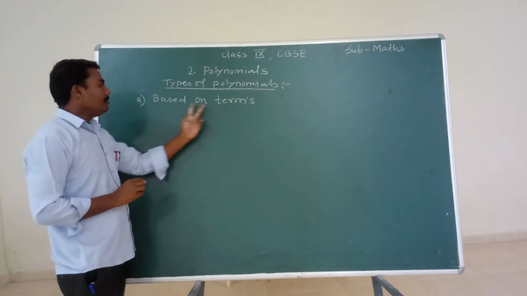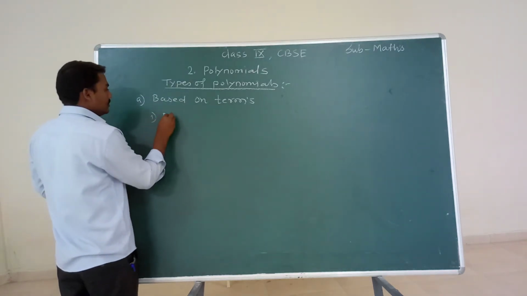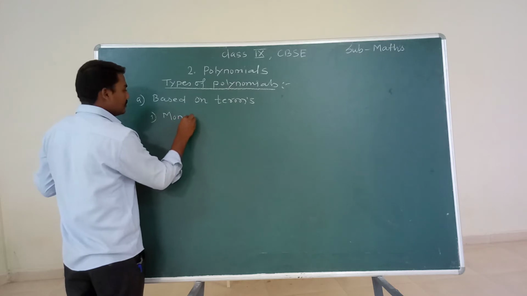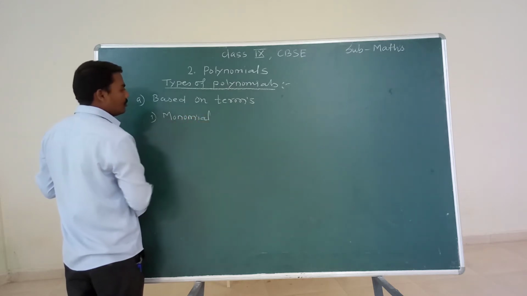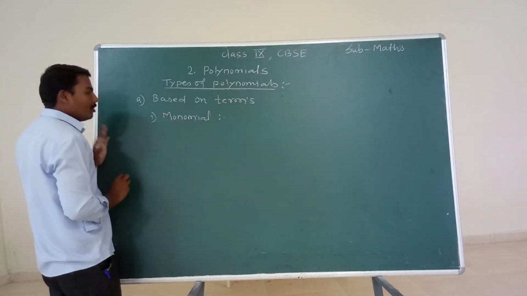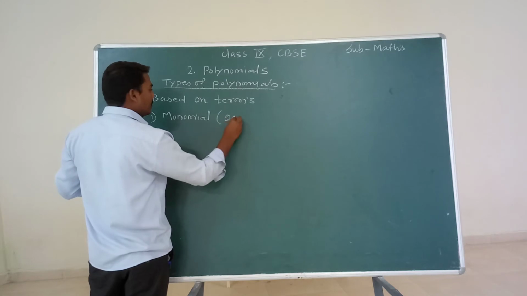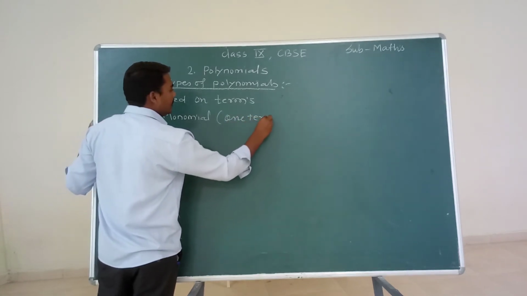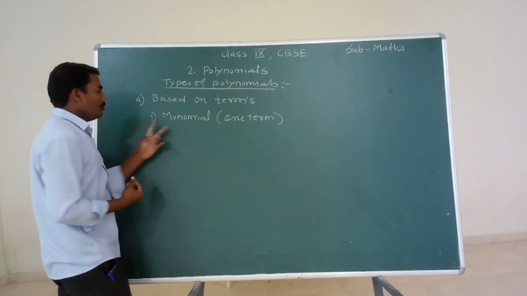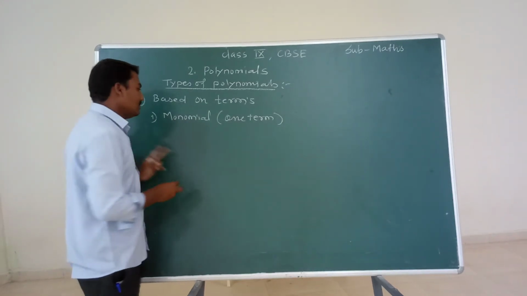Types of the polynomial based on the number of terms. Suppose first, monomial polynomial. Okay. Monomial polynomial means it has only one term. Monomial polynomial means those polynomials contain only one term.